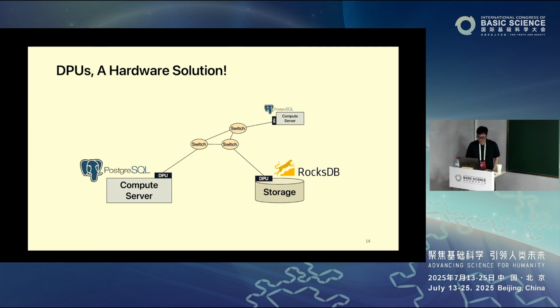DPU is basically a new hardware that is going to replace the traditional network interface card, where we can program the NIC and offload some application logic into the hardware. I'll talk more about the DPU shortly. But our result is that with DPU, by carefully offloading some of the components from the server to the DPU, we can improve different aspects of cloud data processing.